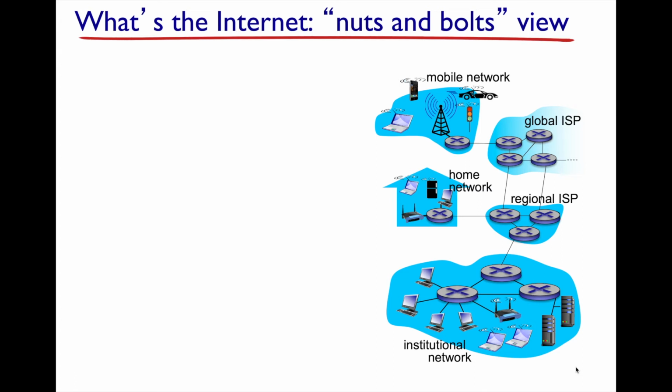There are so-called regional ISPs that might serve, say, the greater Philadelphia area, the greater Baltimore area, the whole mid-Atlantic, and so forth. Those regional ISPs connect into global ISPs, which might serve entire countries or continents. These global ISPs connect into other things, these regional ISPs as well.